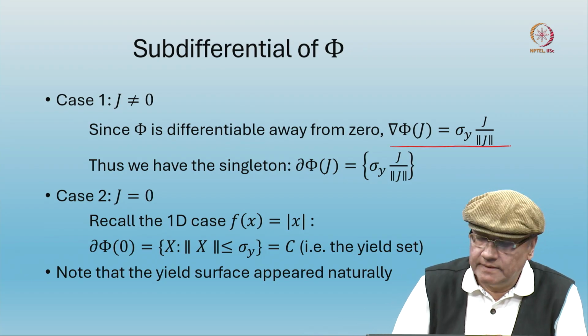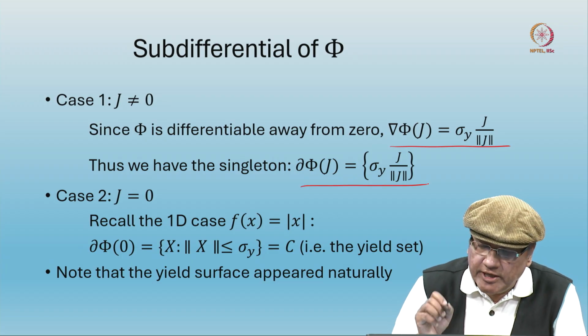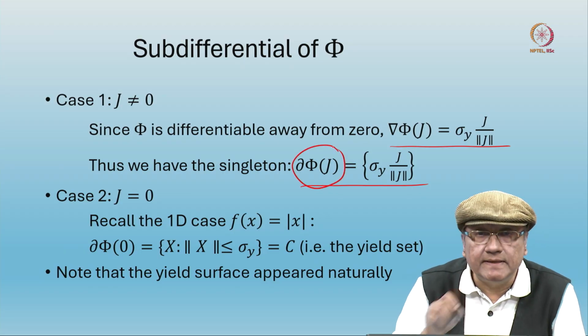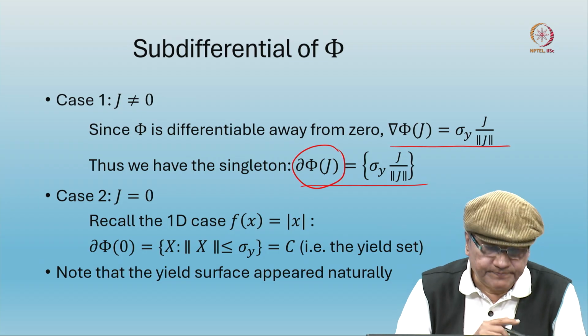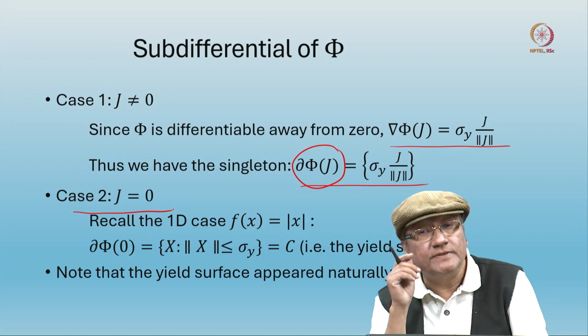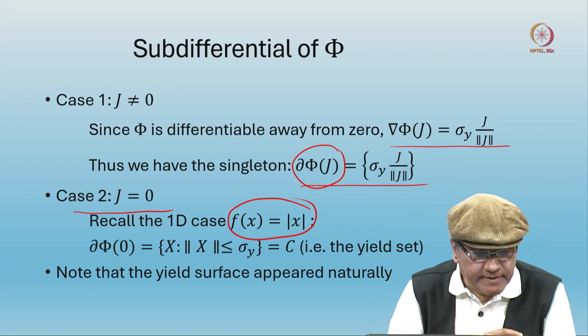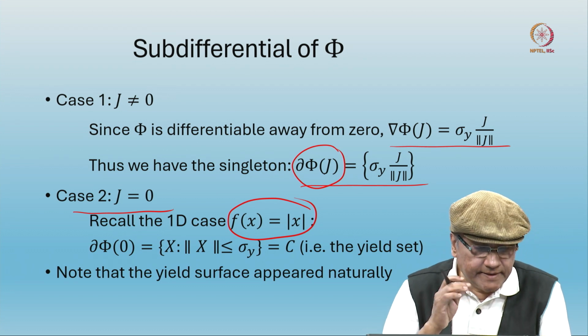So basically, we have already seen that for j not equal to 0, we have the subdifferential in the form of a singleton, which is sigma y j by norm of j. Case 2, j is equal to 0. Now here, what happens? You have to remember this all the time: the 1D case, and then generalize in your mind.